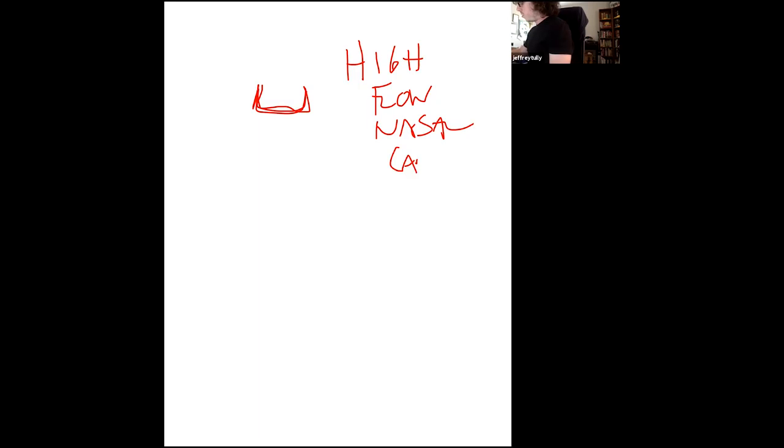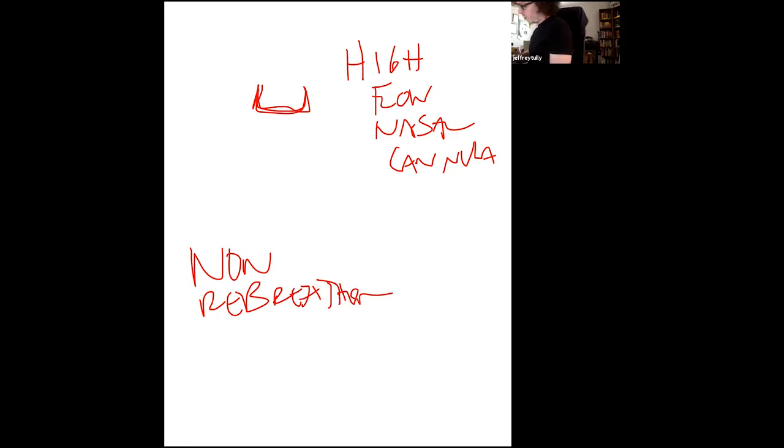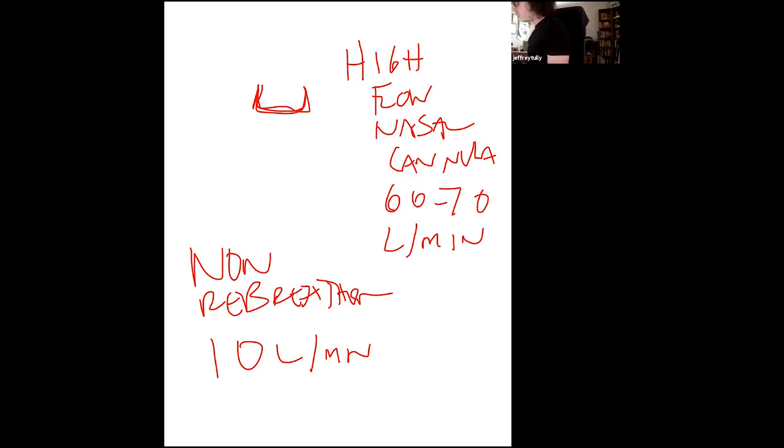While on a non-rebreather you typically limit it to like 10 liters a minute or so, on a high flow nasal cannula you can get up to 60 to 70 liters a minute of oxygen being entrained, and it has the ability to humidify that oxygen, which is a problem at higher flows of oxygen. It's very dry and can dry out the respiratory tree. So you humidify this and blow it in the nose at 60 to 70 liters a minute.